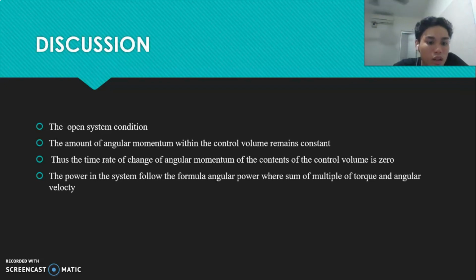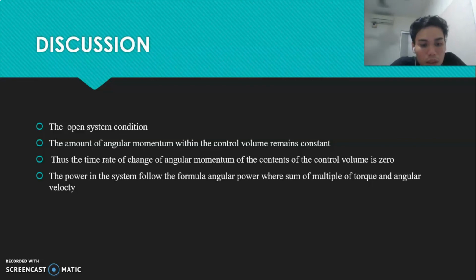For the discussion part, when the flow of the wind passes through the turbine, the wind must be in an idealized flow condition. The flow of the wind must be in an incompressible state, which is the idealized flow condition. The flow also enters from the center of the shaft to the outer radius of the blade.